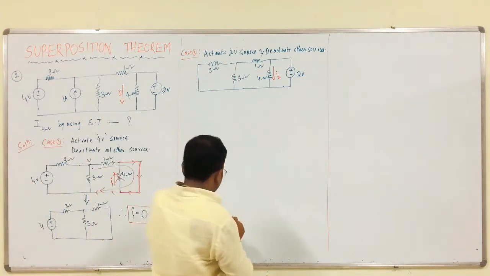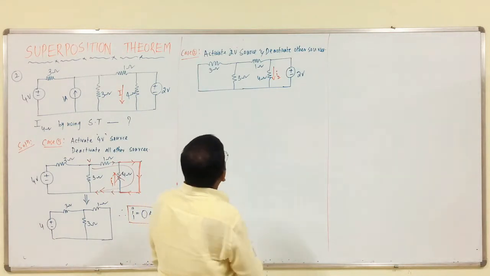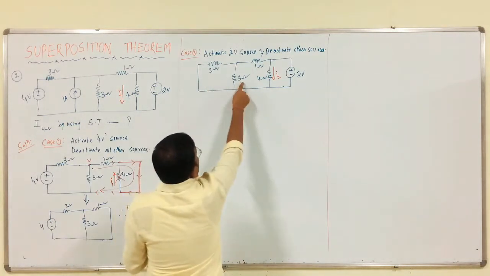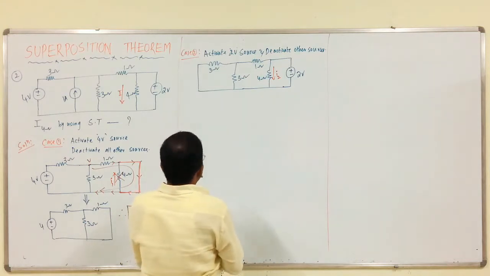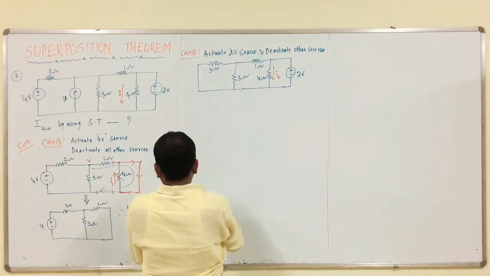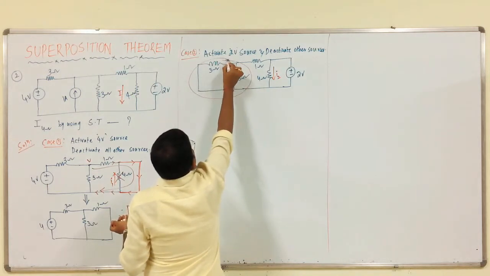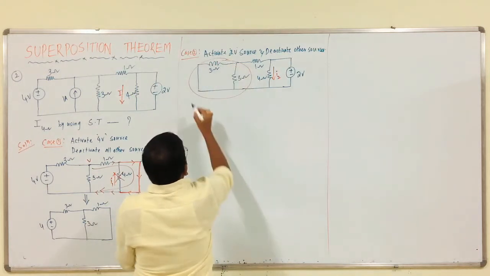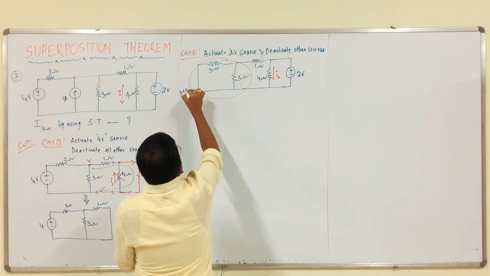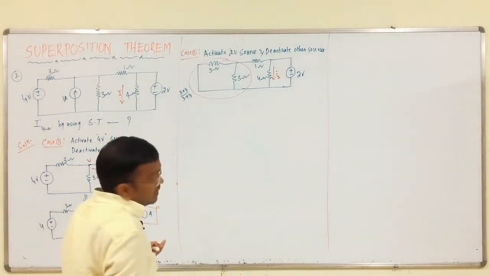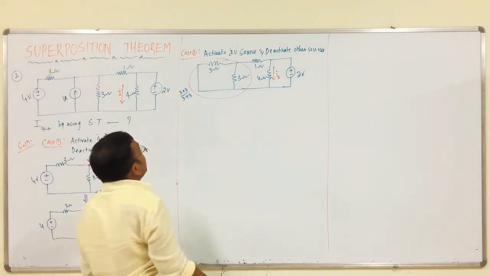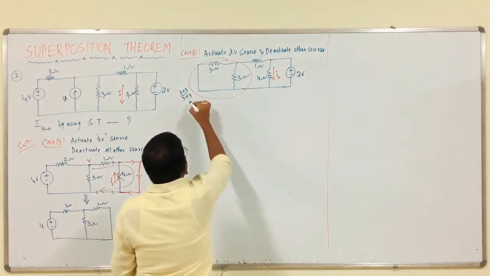So, from this, these two are connected in what? Parallel. Therefore, 3 into 3 by 3 plus 3, R1 R2 by R1 plus R2, that is 9 by 6, that is 3 by 2.